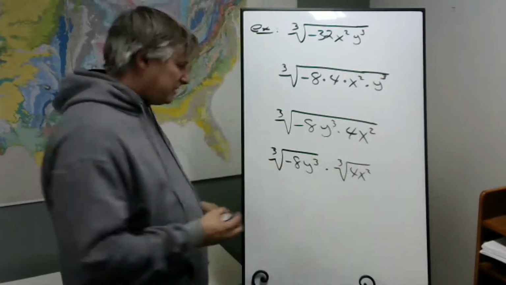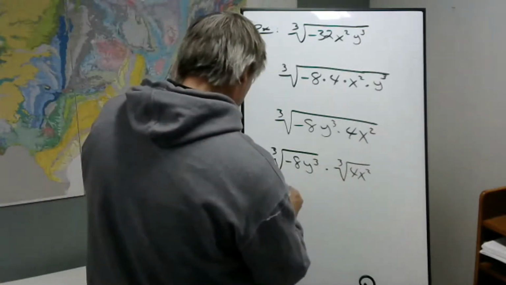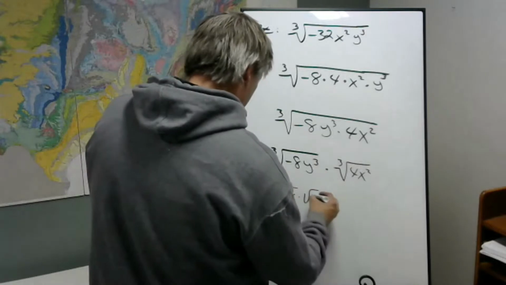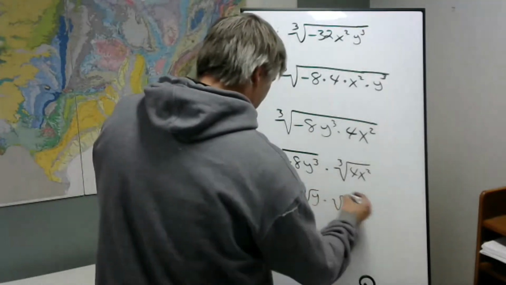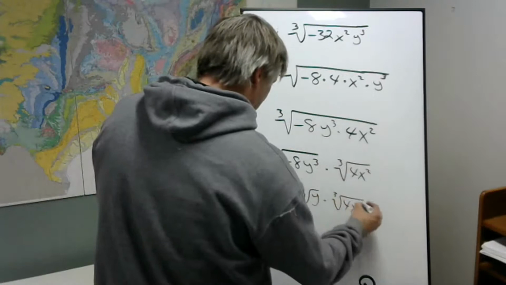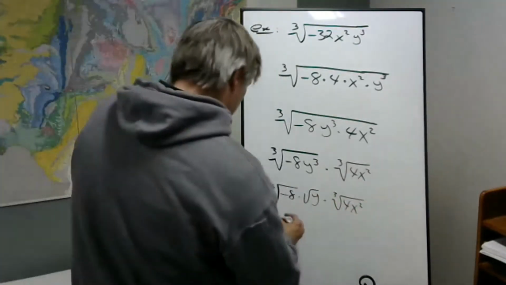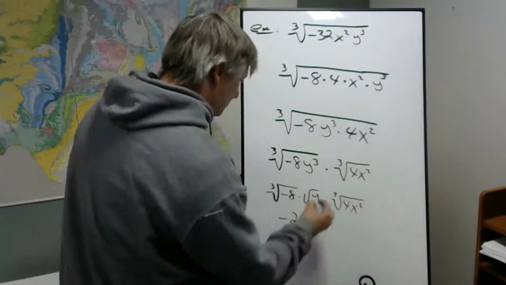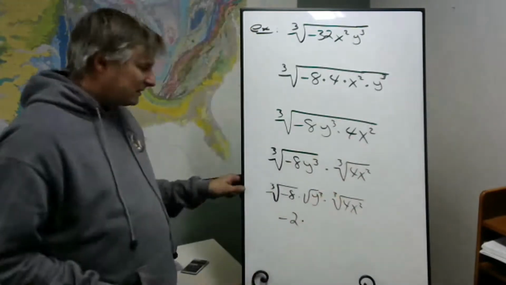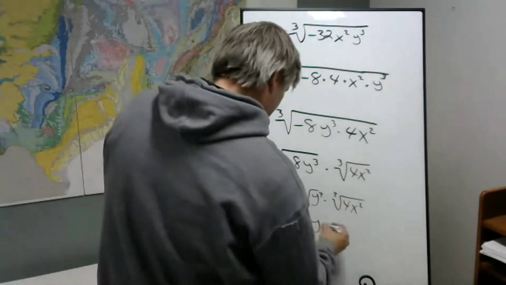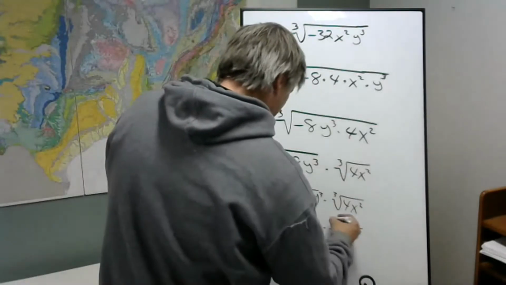So cube root of negative 8, cube root of y cubed. Cube root of negative 8 is negative 2. Cube root of y cubed is going to be y. And this is going to stay the same.